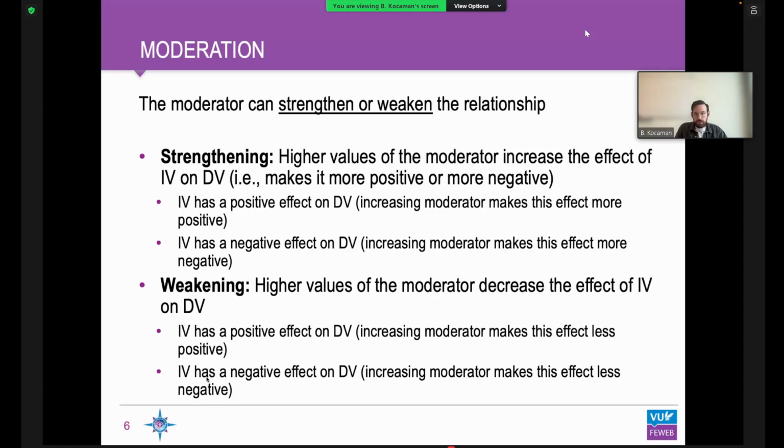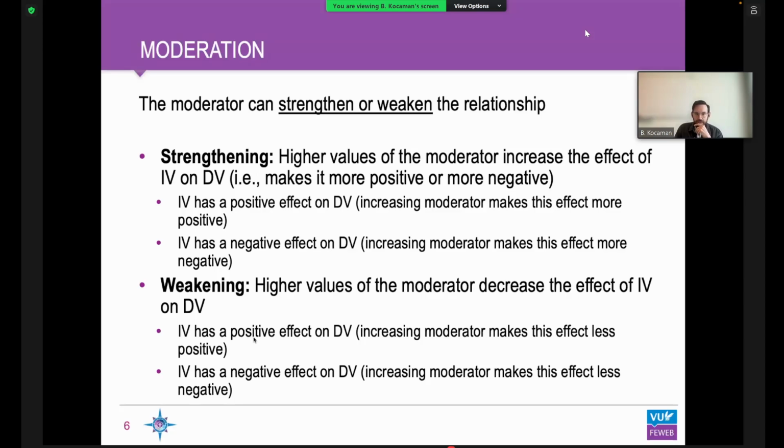And vice versa, if the IV has a negative effect on DV, then the increasing moderator makes this effect less negative. It's always about making the effect less intense. With the increasing moderator, your effect becomes less intense.